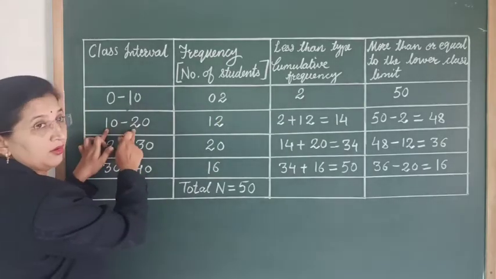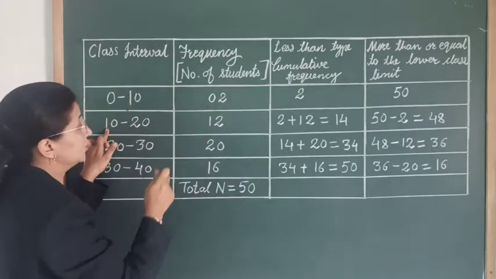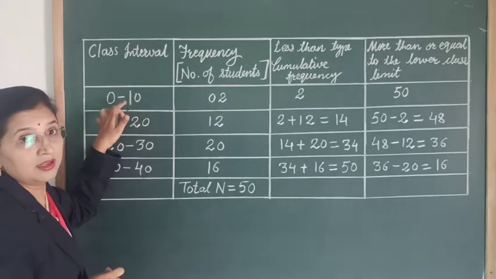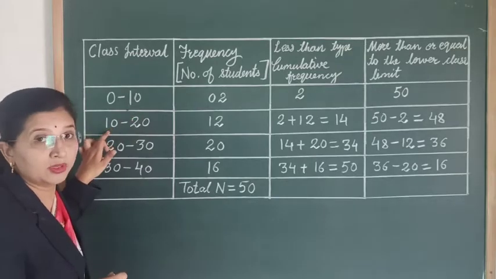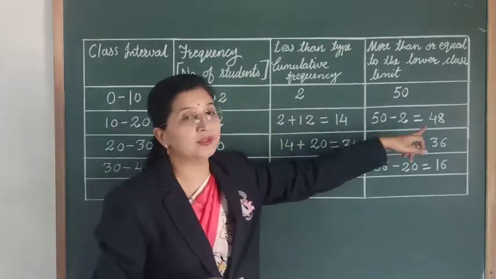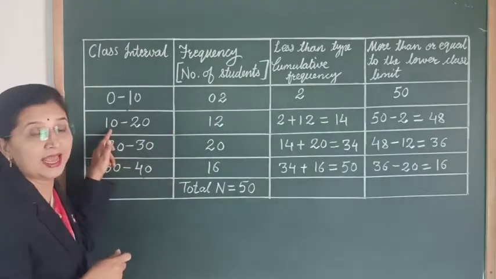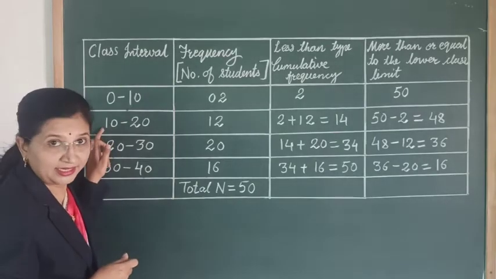More than 10. So these 2 students are there who score less than 10. We want to know the more than 10. That's why this 50 minus this 2, that is 48. 48 students are there who score the marks more than 10.